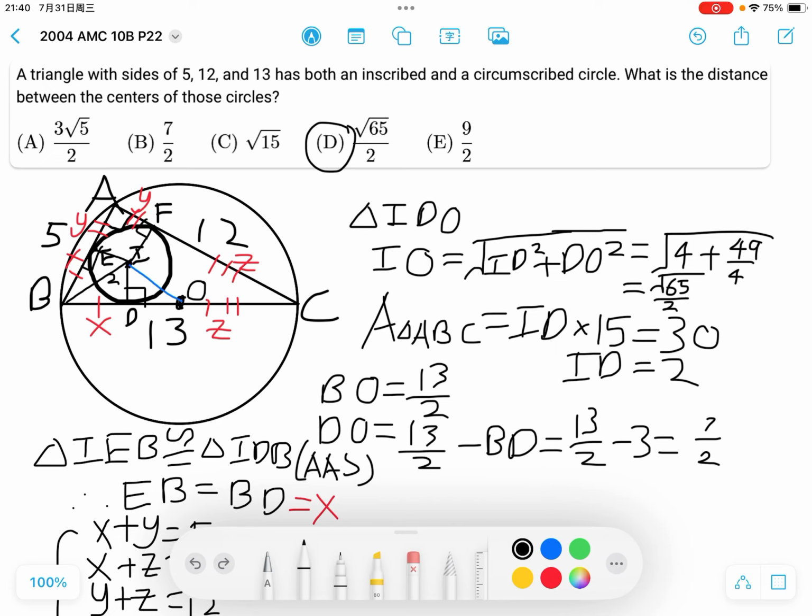So we set variables and solve the three equations for the three variables. Then we have X, and we plug X in to get DO, and then plug DO into this equation to get IO. So it's a complicated problem of solving and substitution. Thank you.